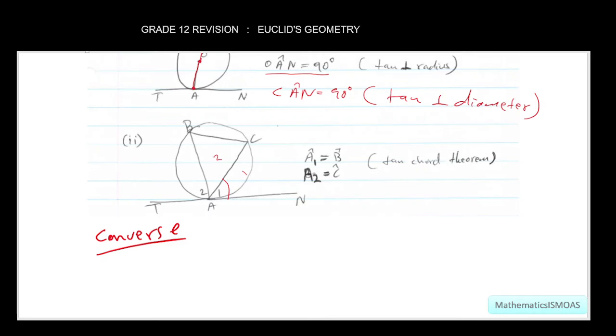Now, again, to further qualify the tan-chord theorem, which is fully stated in the theorem statements in the examination guidelines, we say an angle between a tangent and a chord, tangent TAN and chord AC, will be equal to an angle in an alternate segment, and that angle must be subtended by the chord we are talking about.